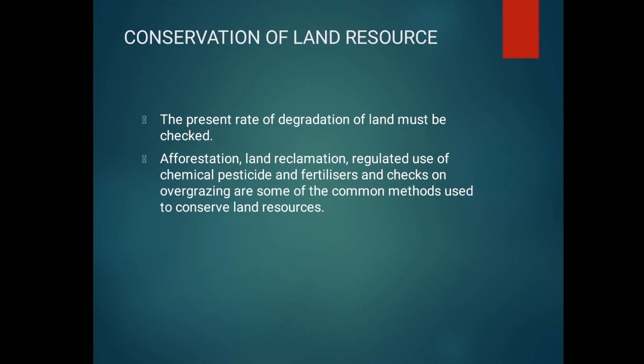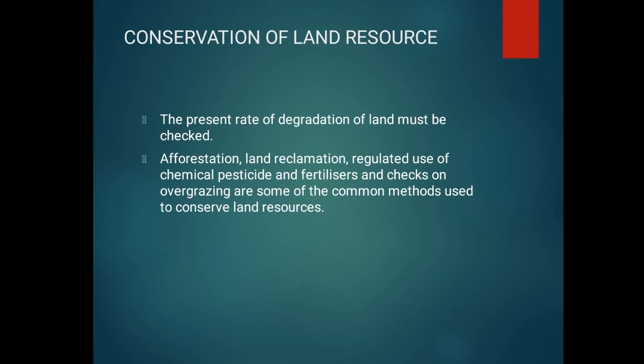Next, what are the methods? Afforestation. Afforestation means growing more trees. Land reclamation means creating more new land. Regulated use of chemical pesticides and fertilizers.